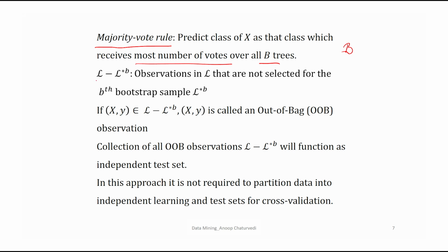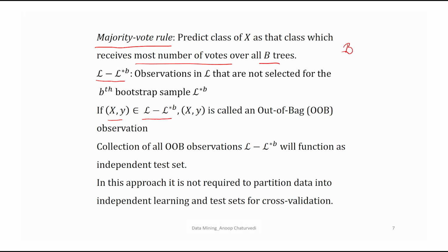Now, if you consider these observations L minus L*b, then these are the observations in L that are not selected for the bth bootstrap sample L*b. So, if (x, y) belongs to L minus L*b, then (x, y) is called an out of bag or OOB observation.